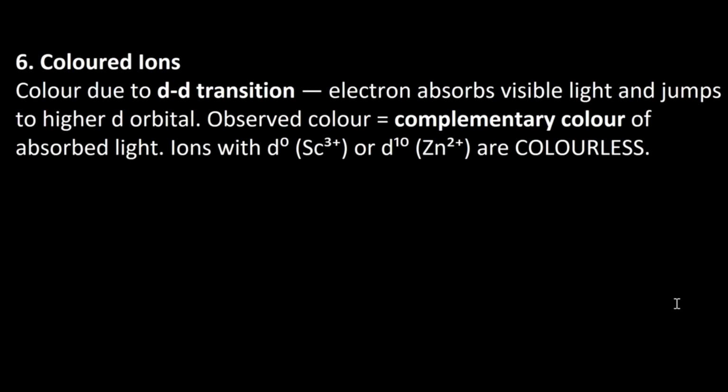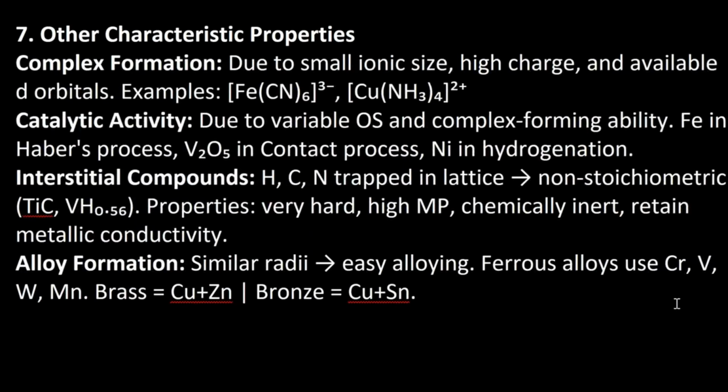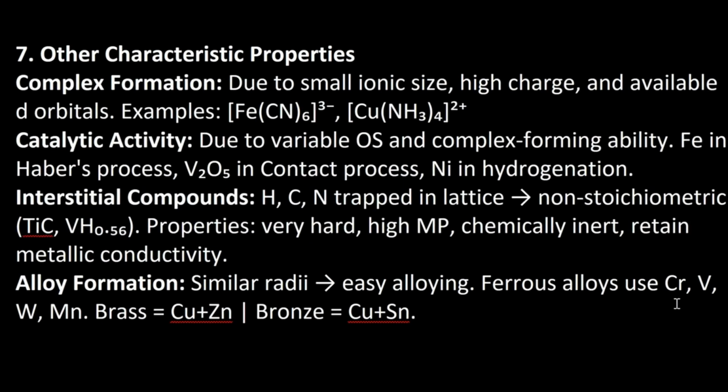Mostly the fully filled configuration will be colorless. Then other properties like complex formation, catalytic activity, and interstitial compound formation. The basic reasons: the big ions, and other ions which are small, so that they can occupy the interstitial positions.